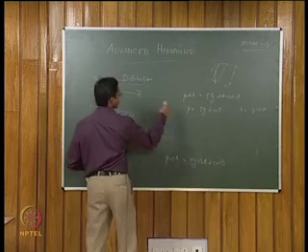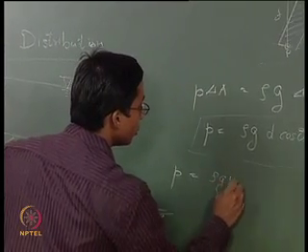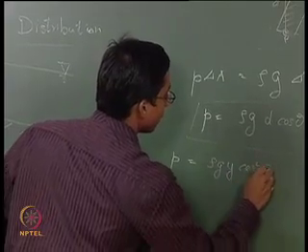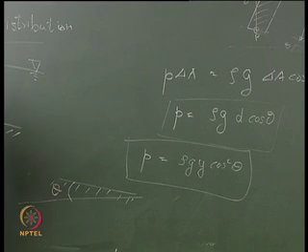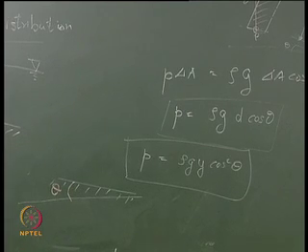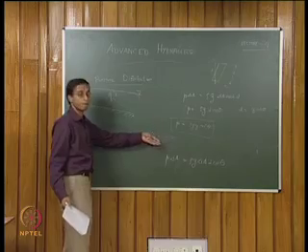You substitute that here, you will get P is equal to rho g y cos square theta.